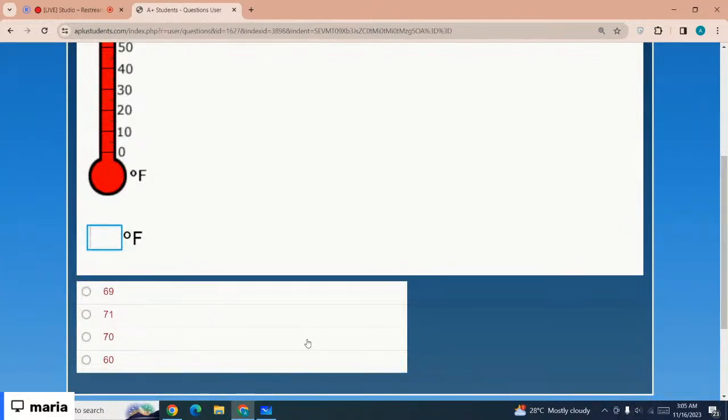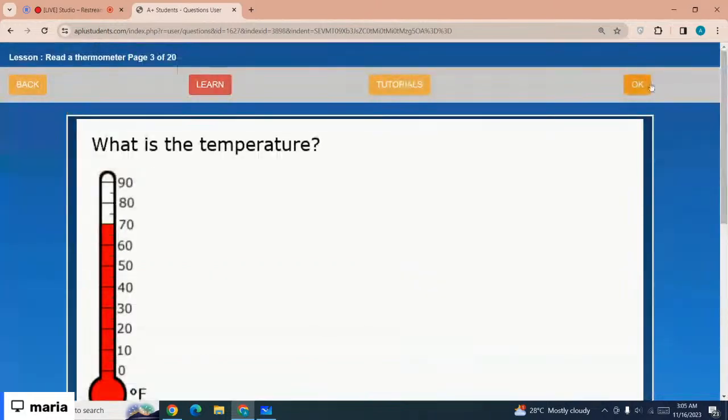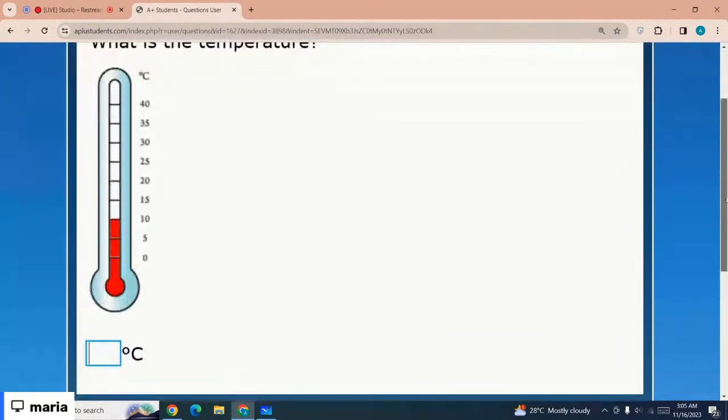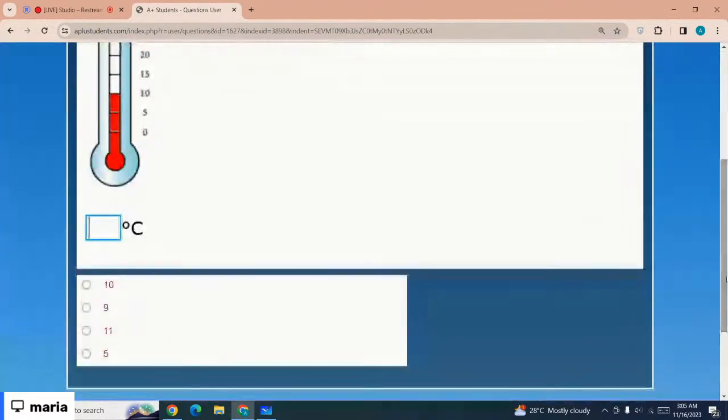The correct option is 70. Okay, what is the temperature? Just match this line. Which is the correct option? Yes, that would be 10 degrees Celsius. The correct option is 10 degrees Celsius.